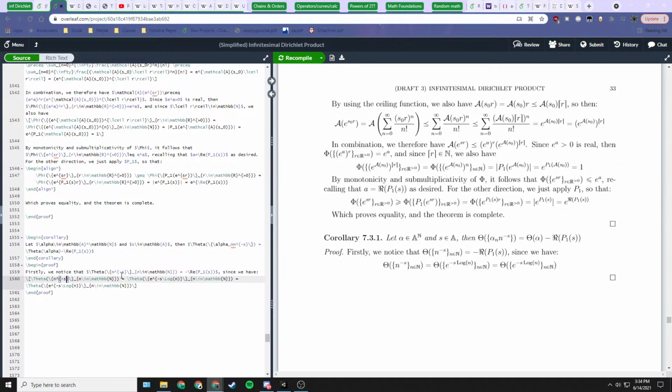We'll do the theta to phi conversion right away. So this is the natural log of phi, and we just do n goes to e to the power of n.